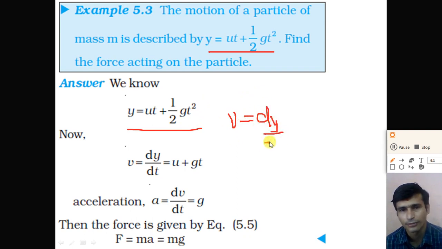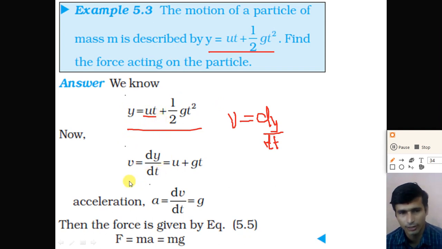Differentiation of displacement with respect to time gives the velocity. How can we get it? Here u is the initial velocity, which is a constant, and the differentiation of t is 1.